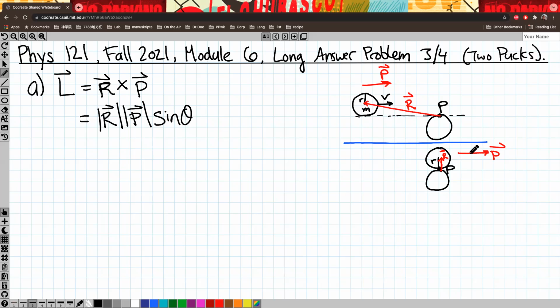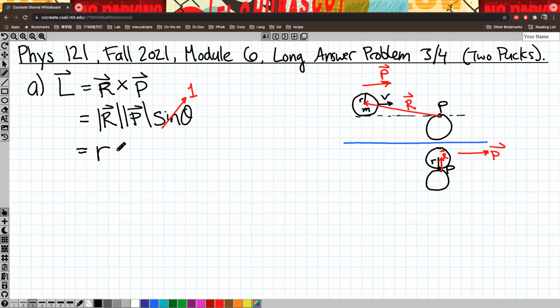Okay, and then sine of 90 is what? It's just 1. Okay, so in the end, what's the magnitude of the R vector? Lowercase r. And then what's the magnitude of the P vector? Just P.